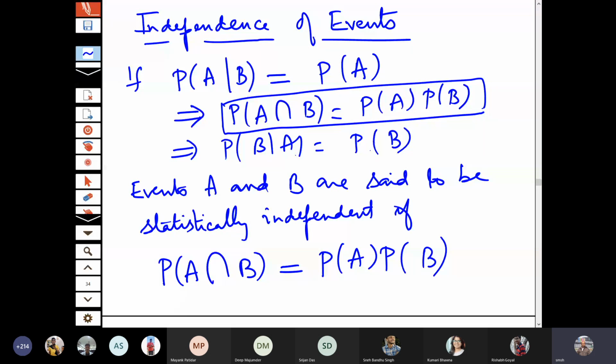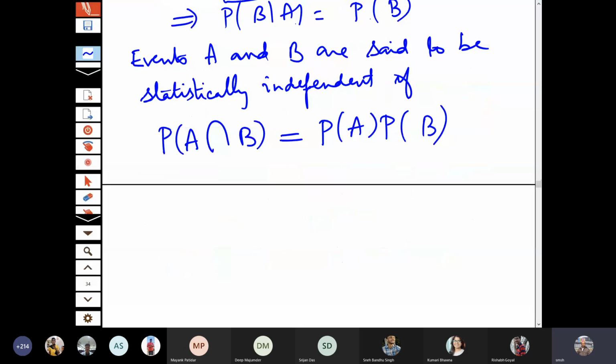Well, this concept can be extended again if you have 2 events, 3 events and so on. So we say A, B, C are independent. When we have more events, then the number of intersections will be increasing.